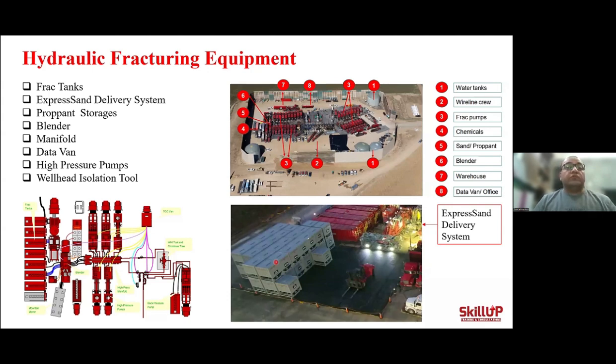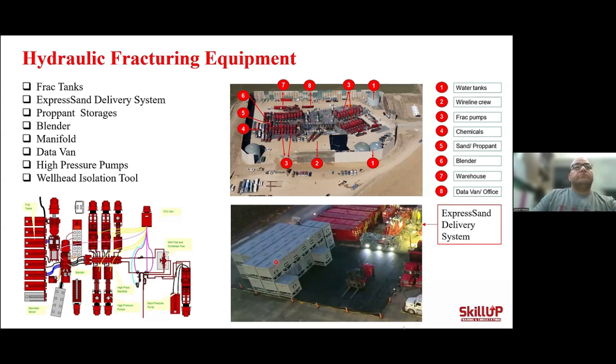So this is a very small volume if you compare it with unconventional treatment in the US. In the US, they pump millions of pounds of sand in a single well. That's why they are using these sand cubes.